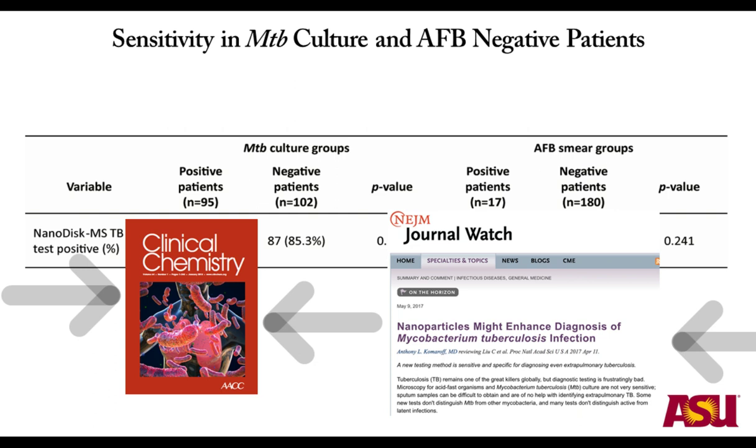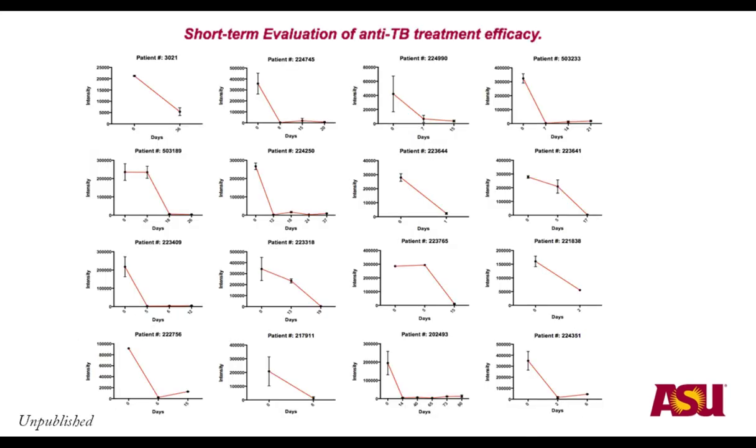So our hypothesis was validated, and this result was published in Clinical Chemistry last year as the cover story. We also moved further to validate this method in tracking treatment efficacy.